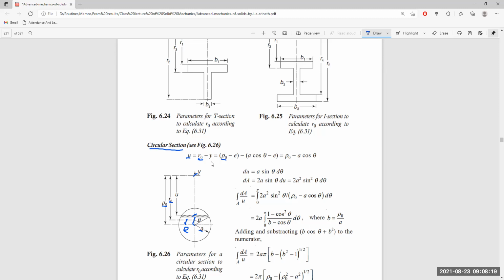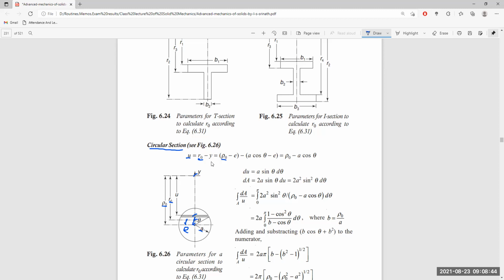And our y is from this point to this point itself. So if we subtract, a cos theta minus e means this difference, we will get this particular difference, which is y itself. So this is a cos theta, and from here to here is called e itself.